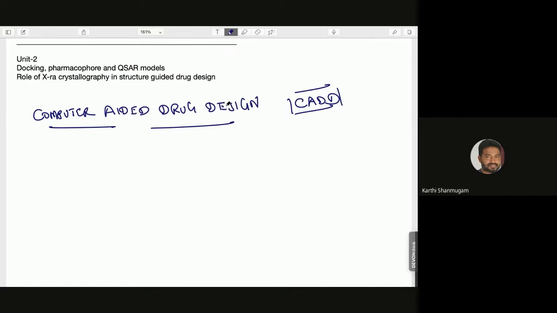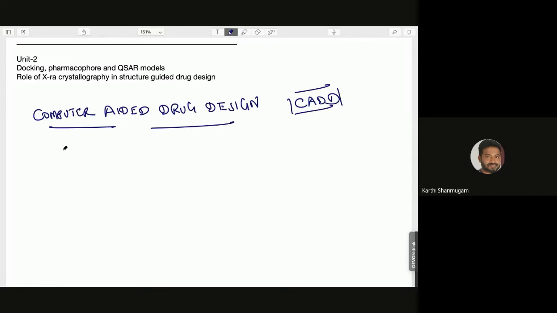Except the clinical trial, all stages of the drug discovery process, we can use this computer aided drug design. And also we can do some kind of simulations related to clinical trial. Okay, that is also possible, right? So if you look at the pipeline of drug discovery process, almost you are free to use the computer anywhere to accelerate the process. If you do so, that is what is called the computer aided drug design, right?